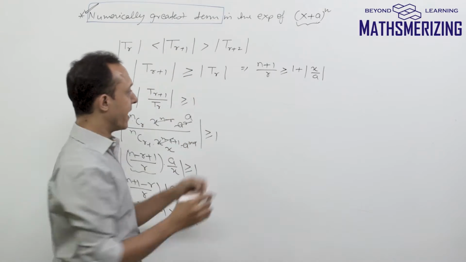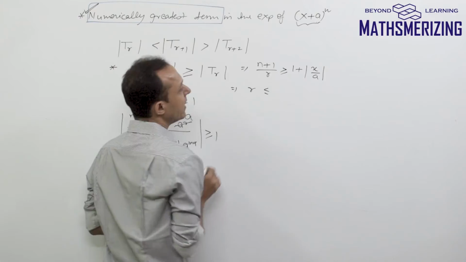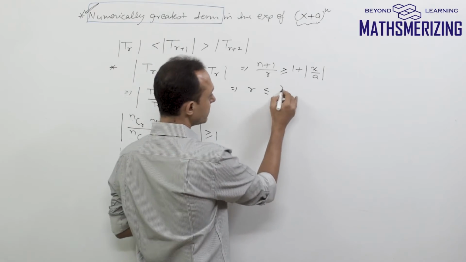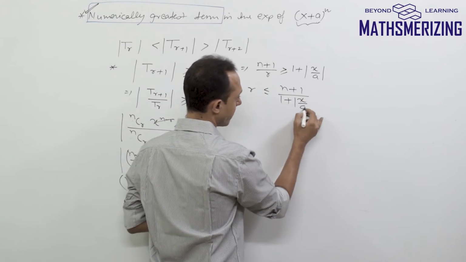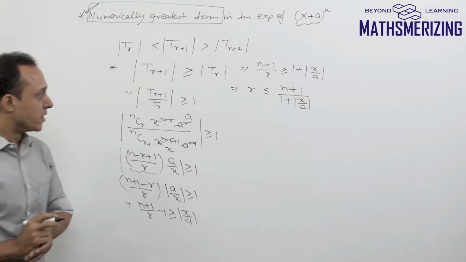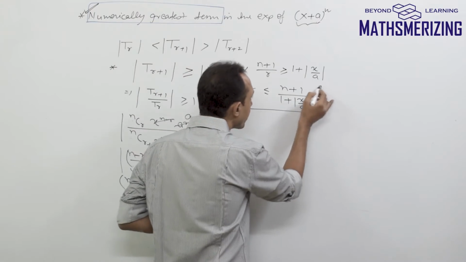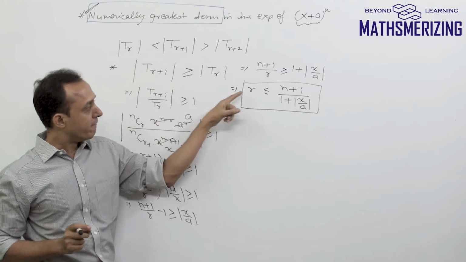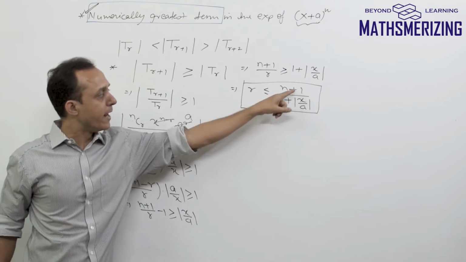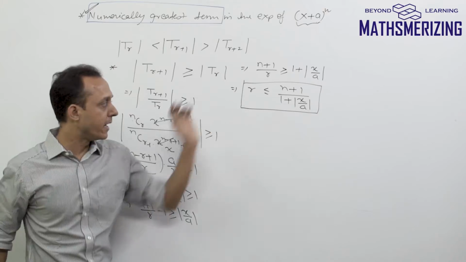So I'll find r from this, then the value of r should be less than or equal to (n plus 1) upon (1 plus mod of x upon a). So I've got a condition which says t(r plus 1) will be greater than or equal to t(r) when the value of r is less than or equal to (n plus 1) upon (1 plus mod of x by a).